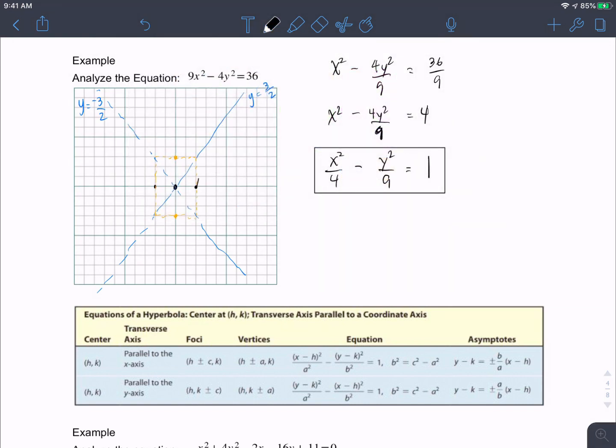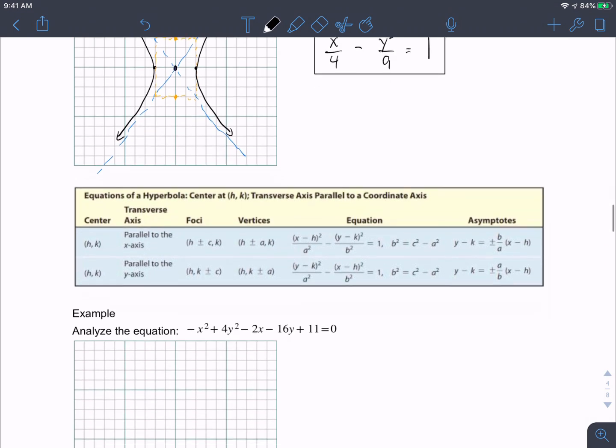But we know that this thing's going to open from right to left, just like this. And I'll leave it to you to find the focal point, because in this case we do have our A and B. To find our C should be quite easy.